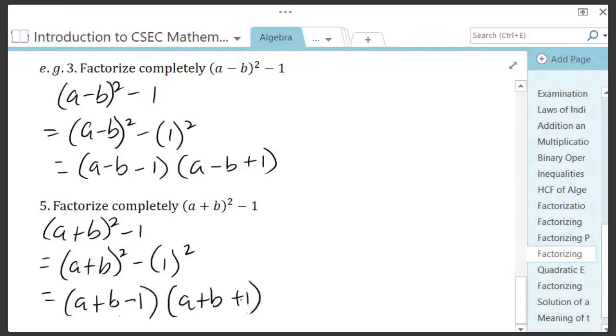Okay, so that's correct. Even though you write it the other way around, it's correct, okay? Like how you had positive 1 here and minus 1 here.